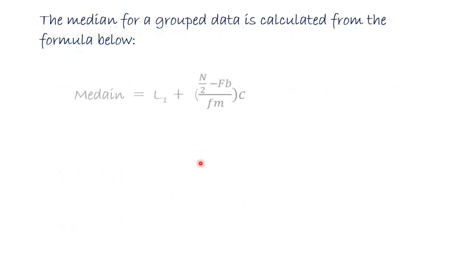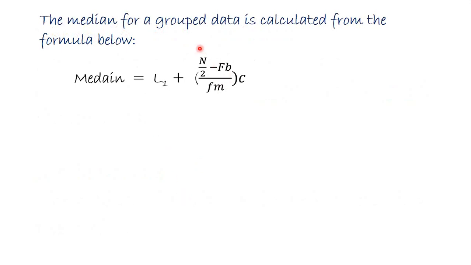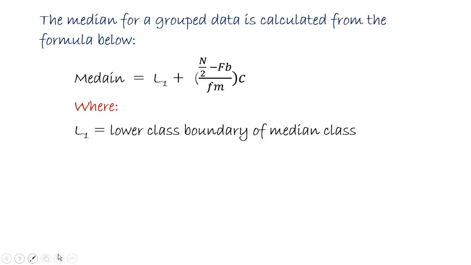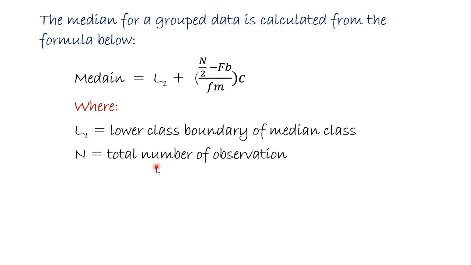That is, median is equal to L1 plus N over 2 minus FB divided by FM times C, where this time L1 represents the lower class boundary of the median class, and N is the total number of observations, or the sum of the frequencies. FB, that is F subscript B, is the cumulative frequency before the median class.